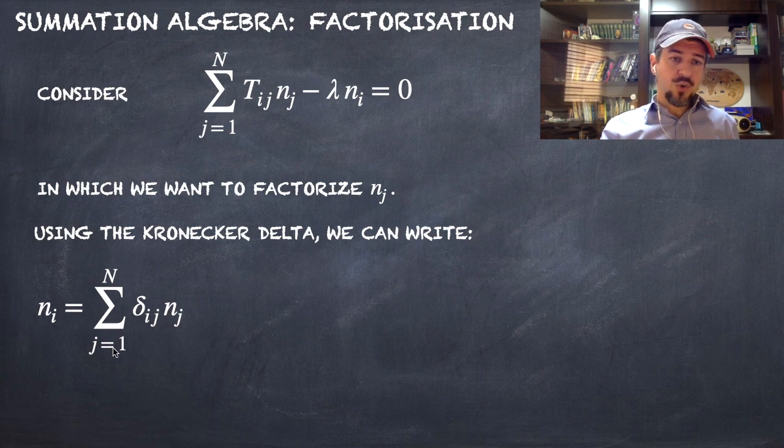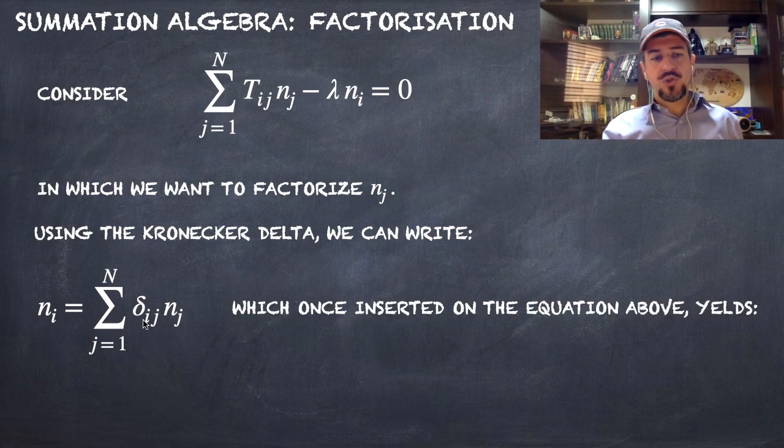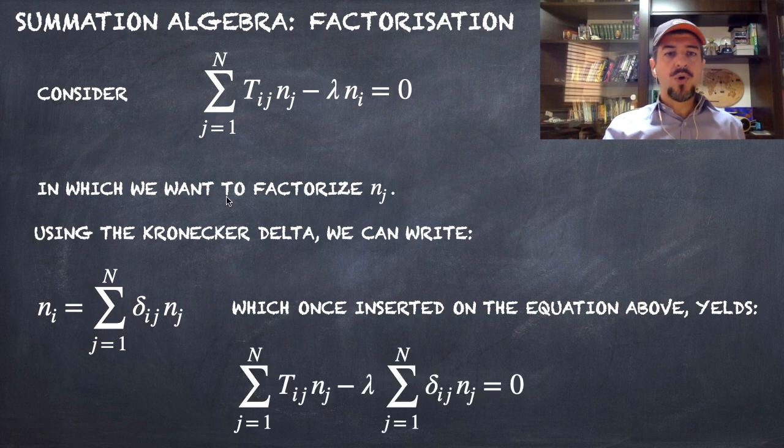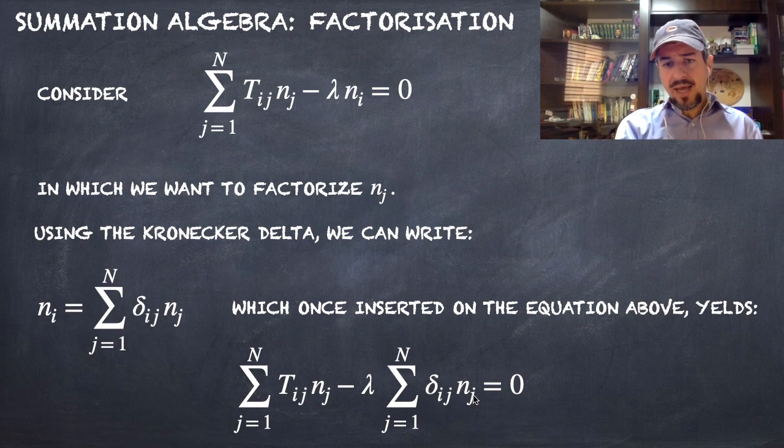So j will go from 1 to n. When j is equal to i, then this is going to be 1 and this is going to be n_i. So if we insert this into here, we will have this term, which is exactly the same, minus lambda times n_i, which is the summation of delta_ij n_j, equal to 0.